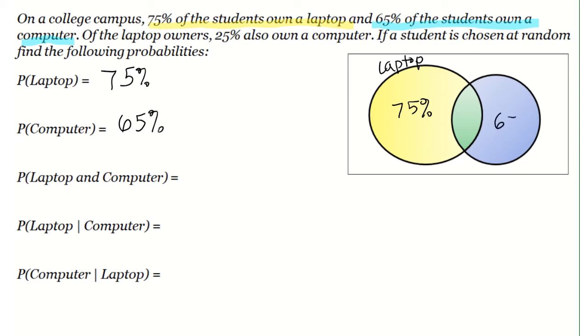We're going to put our 65% in the blue circle and label the blue circle computer. Now the next question says, what is the probability of owning a laptop and a computer? And that's going to be this green intersection where our two circles intersect, the intersection between owning a laptop and a computer.